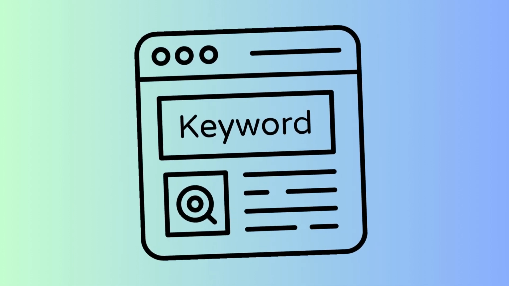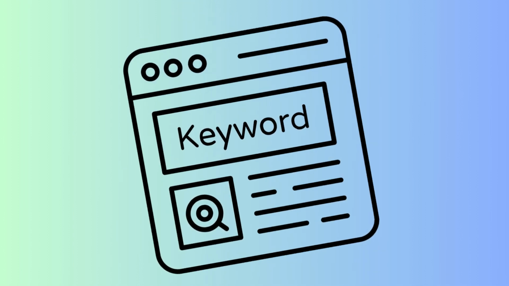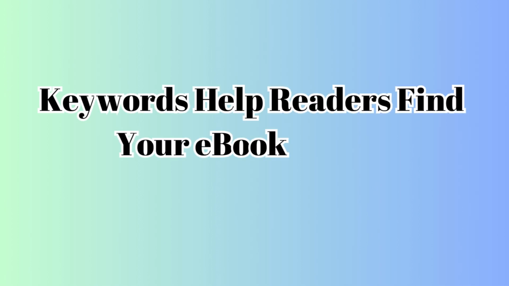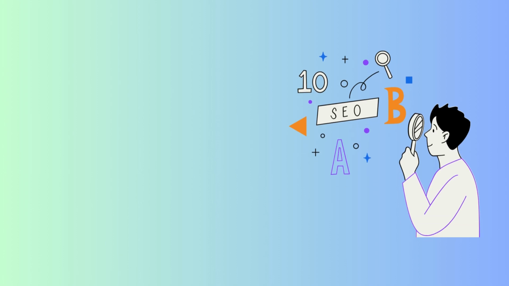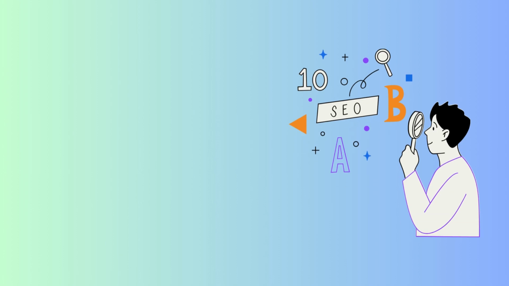and Amazon. Now it is time for me to reveal the secret tips to boosting SEO for your ebook. First, use keywords in your ebook title and description. Keywords help readers find your ebook online, and here is how you go about it. Think about words your audience might search for. For example, plant-based diet, vegan recipes.